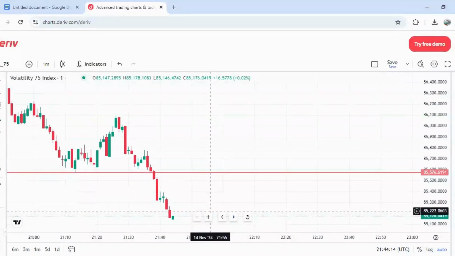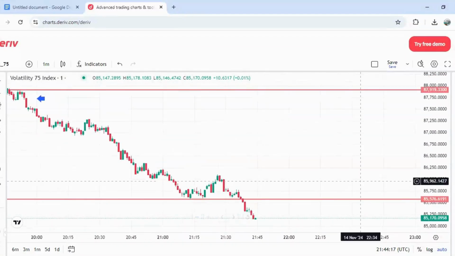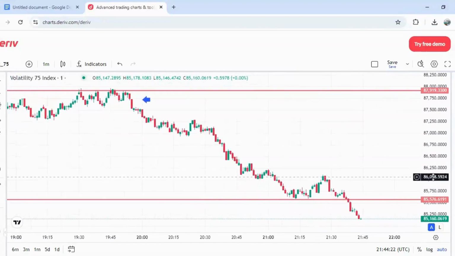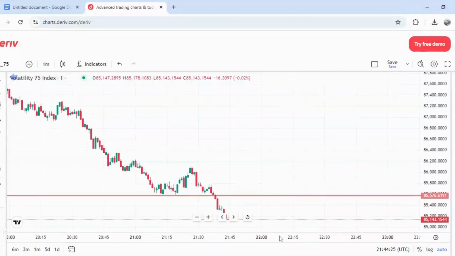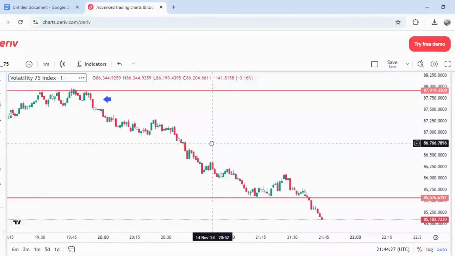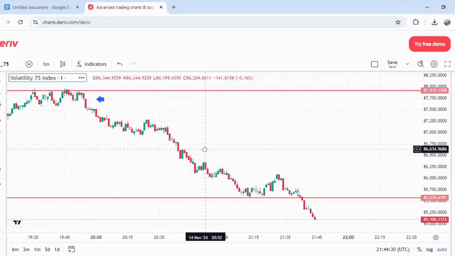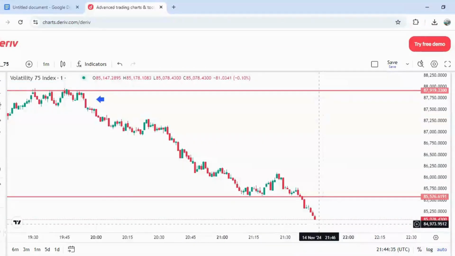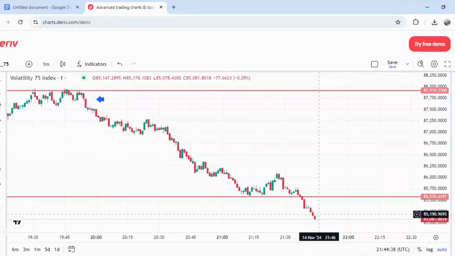So as you can see here, the market that we are trading right now is a downtrend. So we can use this market in conjunction with indicators to know what we are looking for. All we need to do here is wait for a pullback.